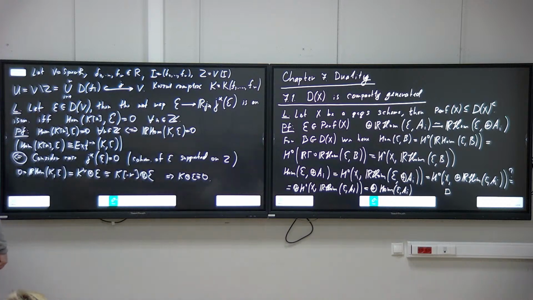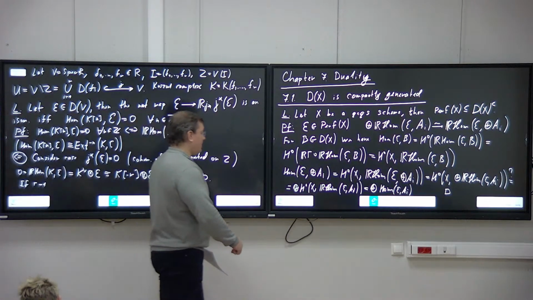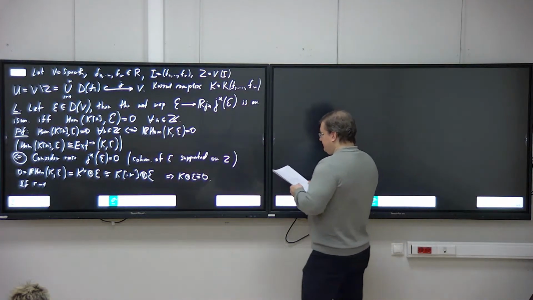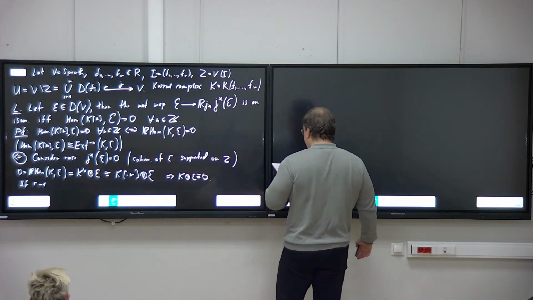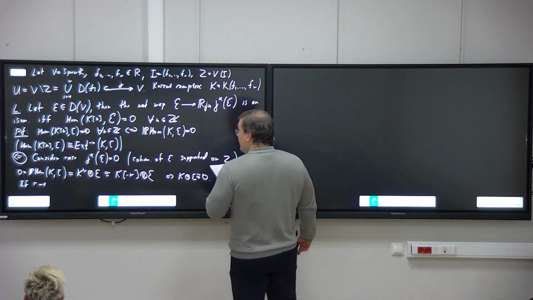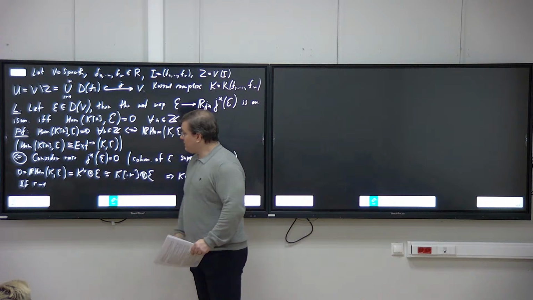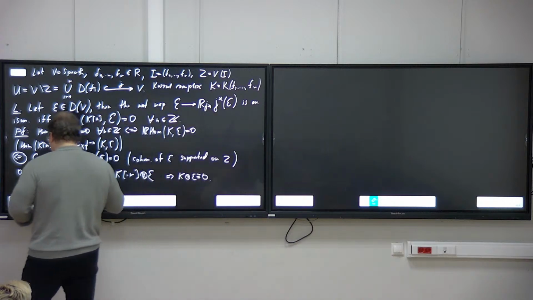Now, even for this special case, I want to consider a special case where r is equal to 1. So there is only one f. Okay, so in this case, since I still have the assumption that the pullback of E is 0, so maybe we can squeeze it here.